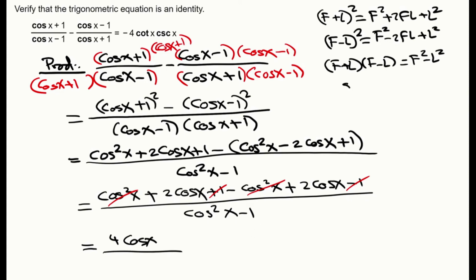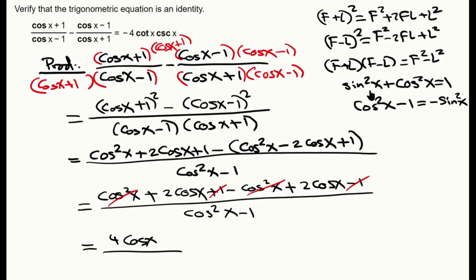that should remind us of the trigonometric identity, which was called the Pythagorean identity, which says sine squared x plus cosine squared x equals 1. So if I keep the cosine squared x here and I move the sine squared x to the right side while bringing the 1 to the left side, I end up with cosine squared x minus 1 equals negative sine squared x.